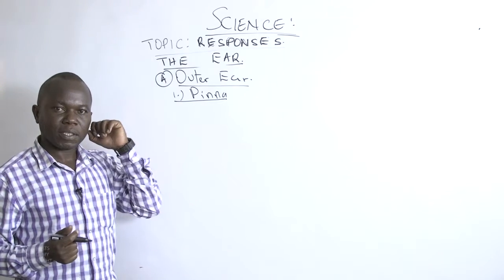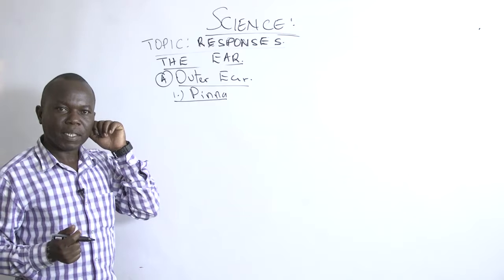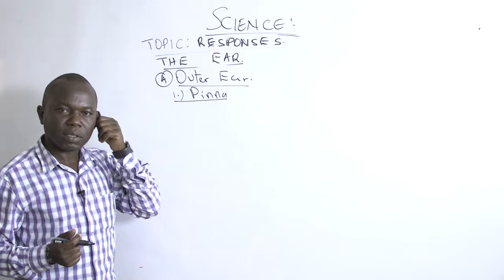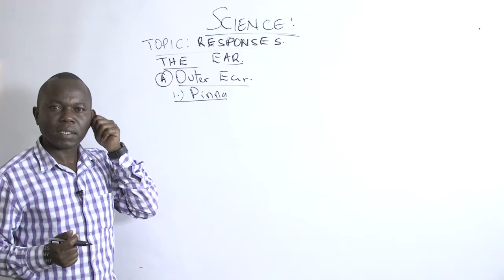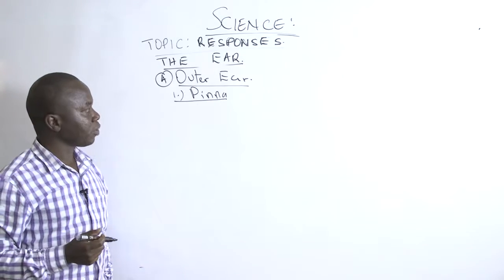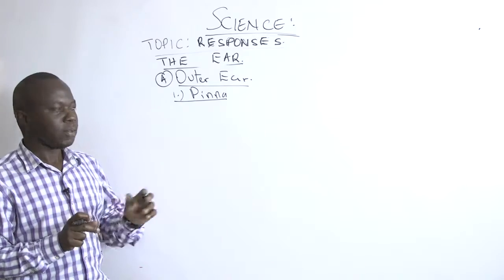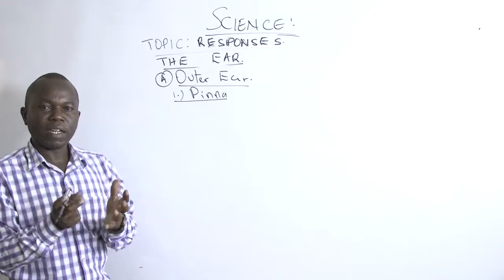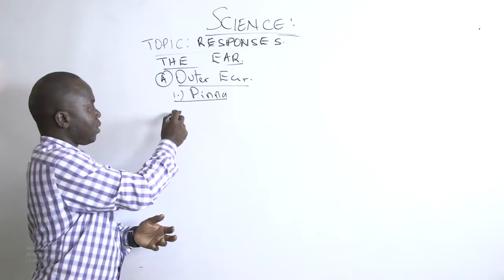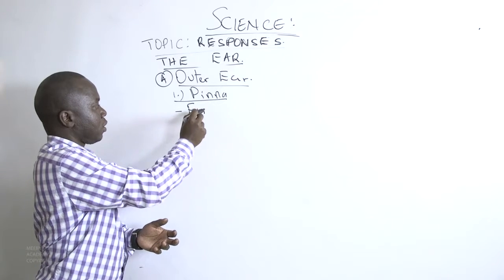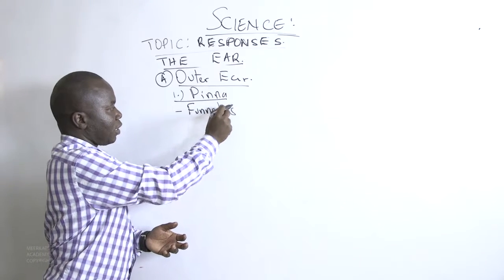The outer part is usually made up of mainly cartilage. It's not bone. That's why it is able to flex. If you look at the structure of the pinna, you realize that it is funnel shaped.